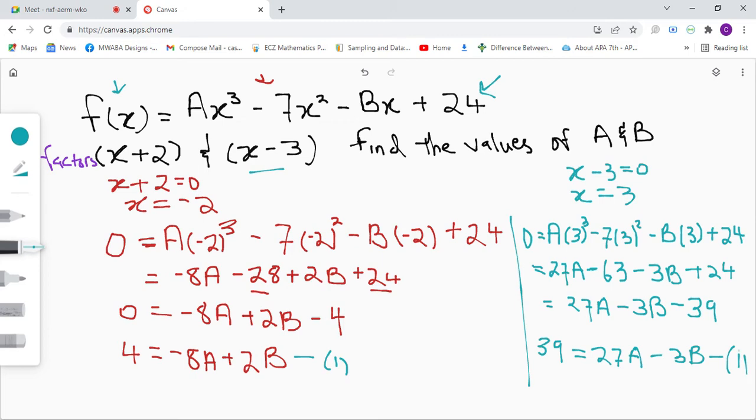Now we're going to use simultaneous equations to find our values of a and b.